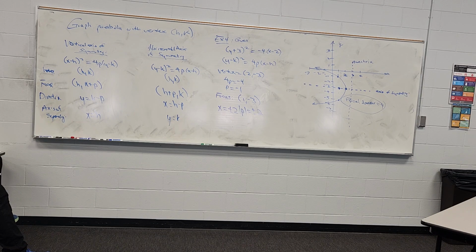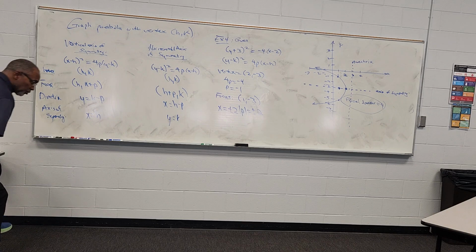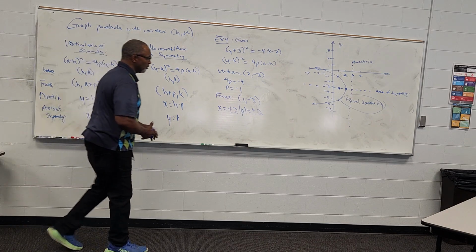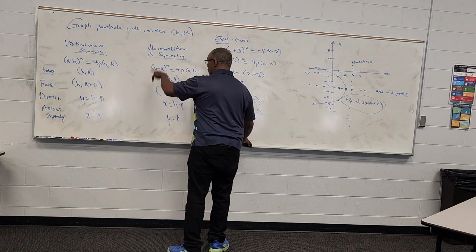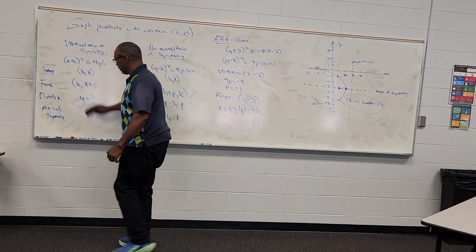Okay? So that's how we graph these parabolas where the vertex is no longer at the origin. This is how we'll graph these things. So we got a nice little chart that you can use to help you out, and I don't mind you using that. Whether we're talking about parabolas, hyperbolas, I don't mind you using these things to help us get these graphs.